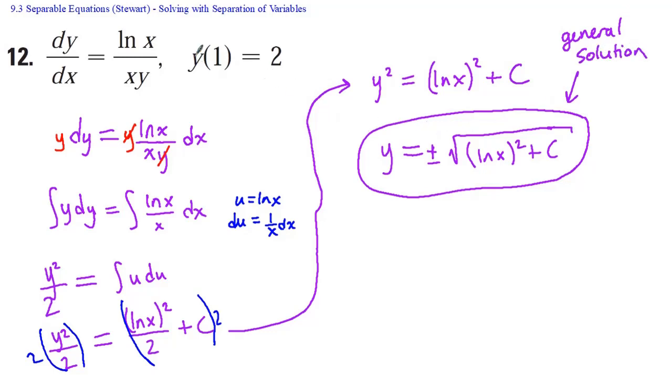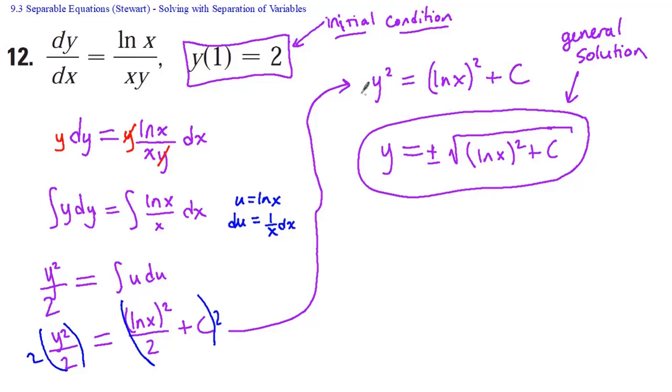But we have a little more information we haven't used yet. This is called an initial condition. And what you do with an initial condition, just like we did when we were doing regular antiderivatives, is you can plug the initial condition in for x and y to solve for c to get what's called a particular solution.